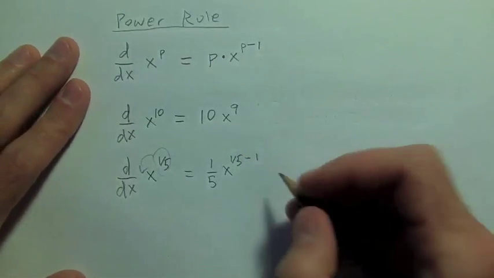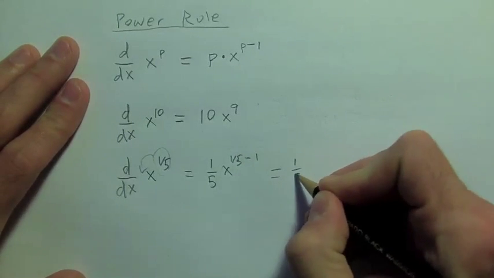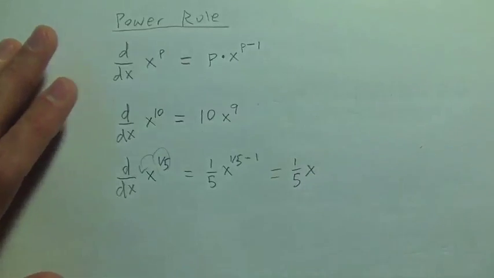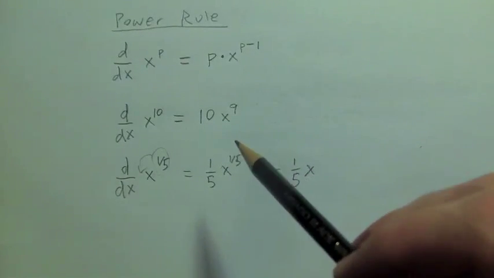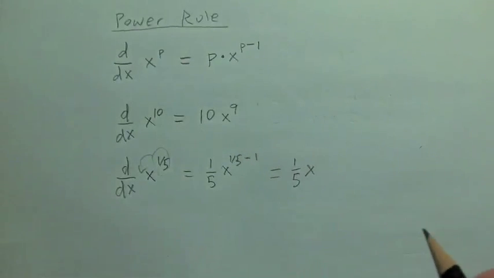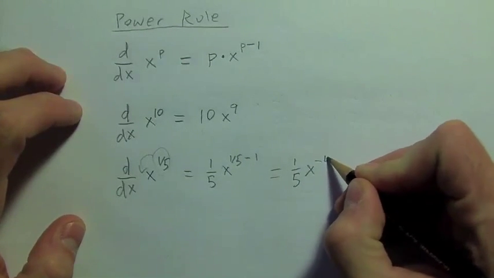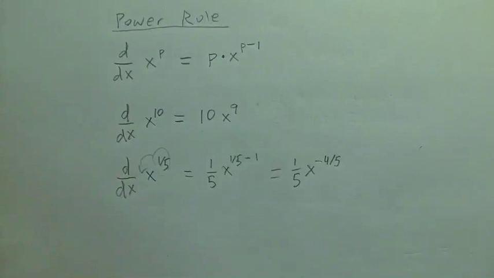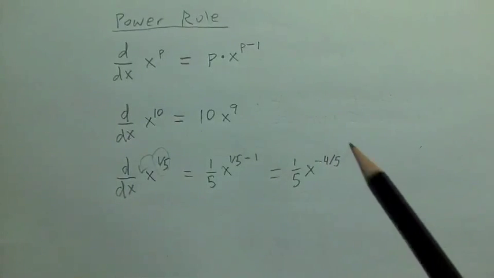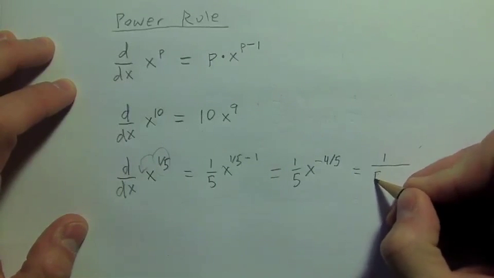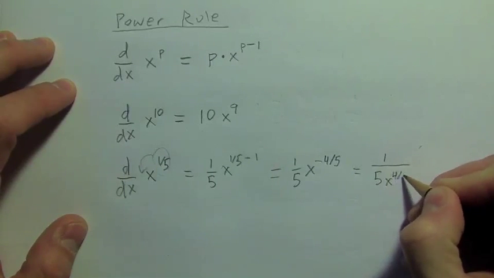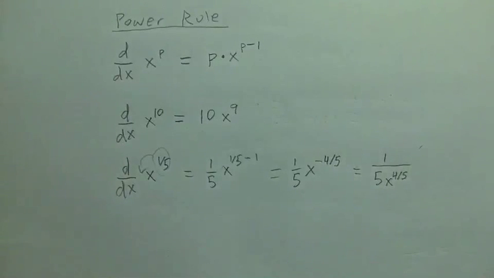And this is when you need to start getting used to fractional arithmetic. When you subtract 1 from 1/5, that's 1/5 minus 5/5, so that's going to be -4/5. You could move that down underneath the fraction if you want, but as far as I'm concerned, you can pretty much stop right here.